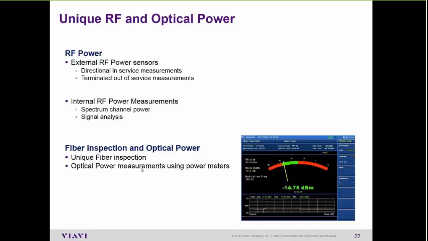And again, you can use both an optical power meter on the DAS system to look at optical power between each one of the individual elements, or you can use the RF power meter to measure RF power between each one of the individual elements to make sure that at one point or another across the span, you're not seeing the power in a range that's unsuitable or can cause distortion or is too low to where you're going to have capacity and coverage issues.